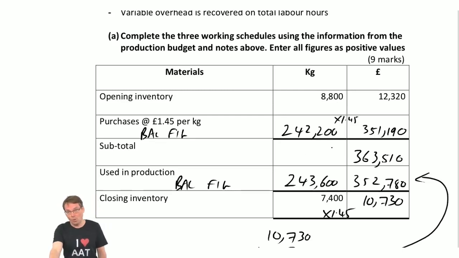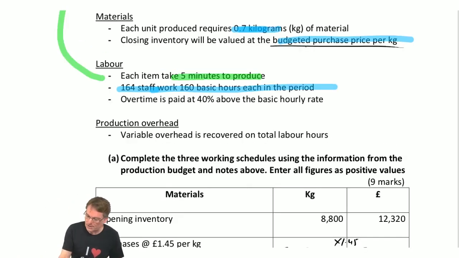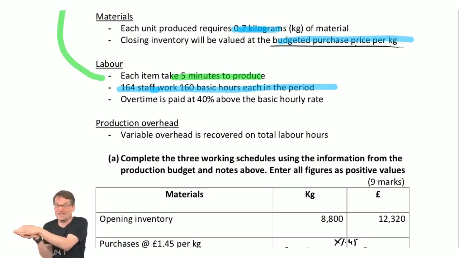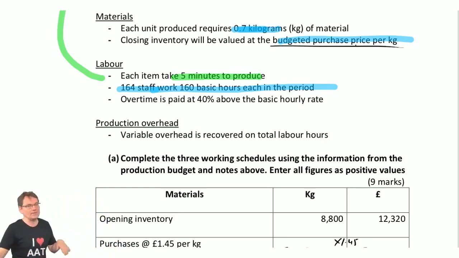Then we bought some more. What's left? Things that we have purchased this month. So that's why it's saying, the budgeted purchase price per kilogram, because what will be left in store will be some of the ones that we bought this month. So we've actually used FIFO without necessarily realising that we've done it.